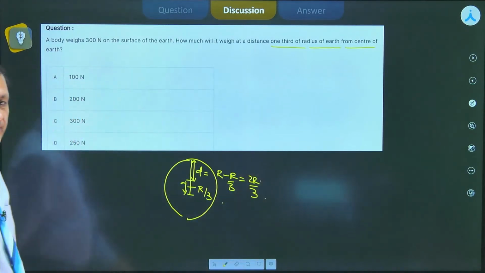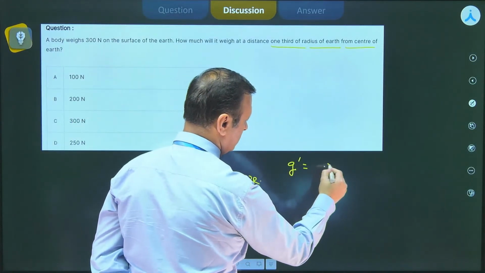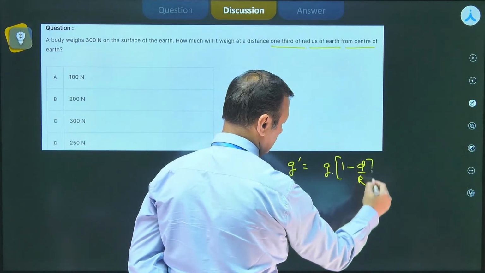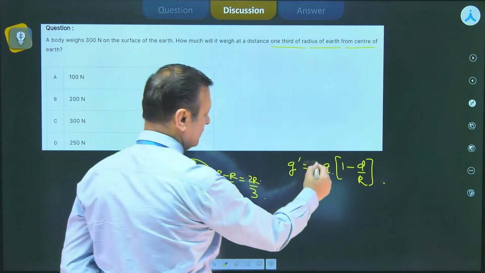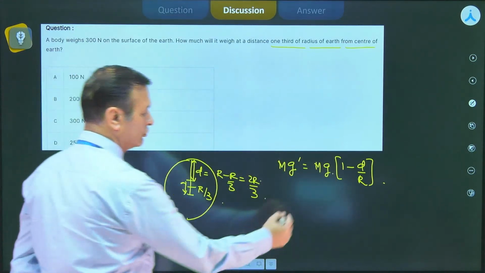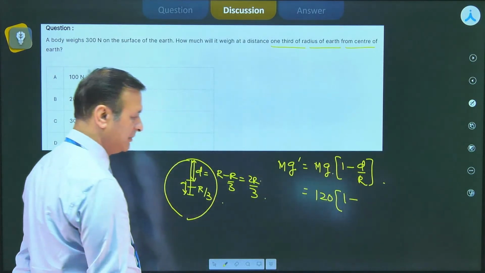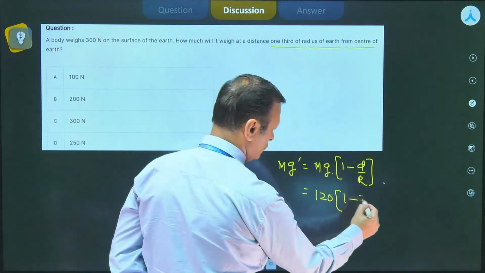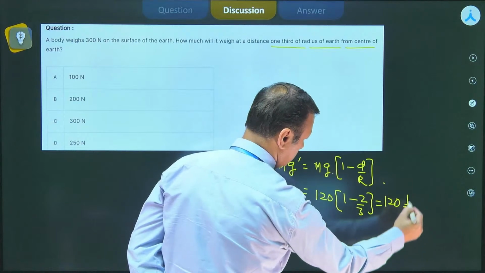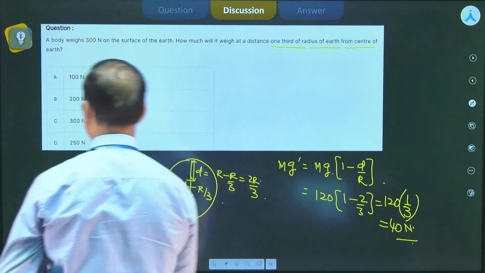Do we understand? And we know G with respect to depth is given by, do we? And we multiplied both sides by this. So the new weight, original is 120. 1 minus this depth is 2r by 3. So that makes it 1 by 3. And primarily this is 40 newtons.